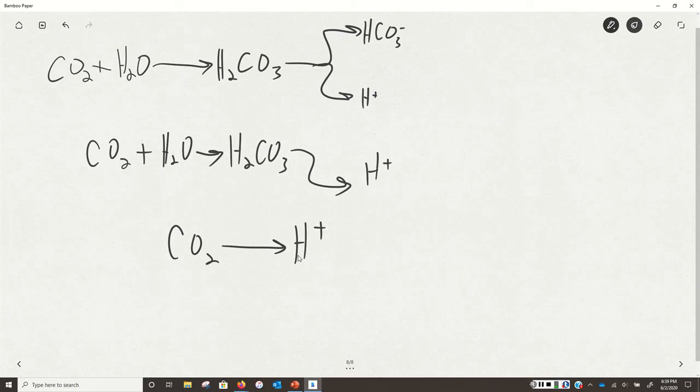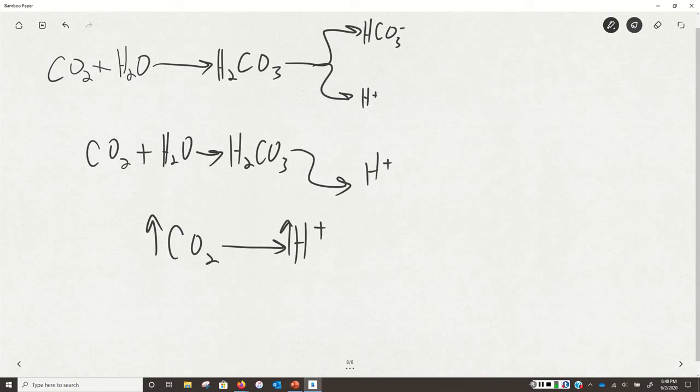Before we go any further, make sure that you understand why I've drawn this way. Every CO2 that goes through this pathway produces an H+. Now, if that's true, if there's more CO2, what does that mean?